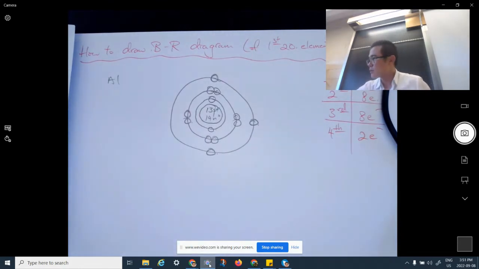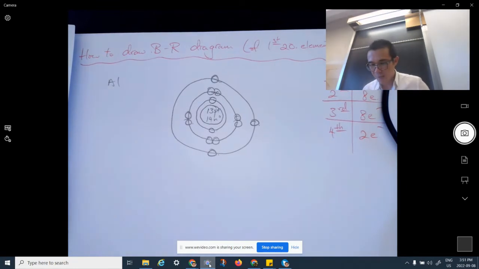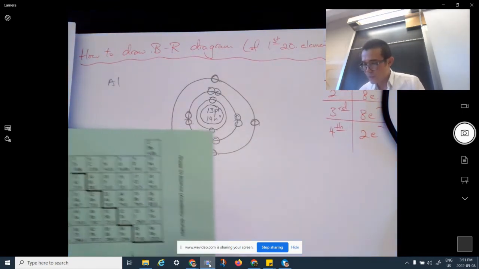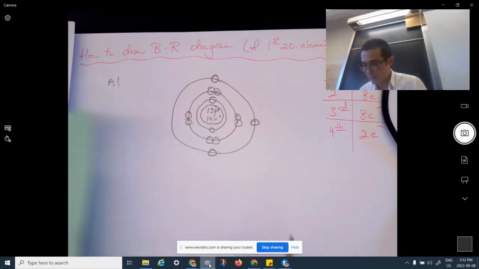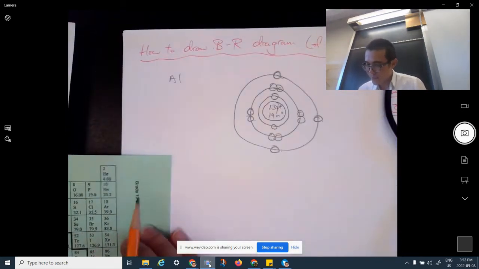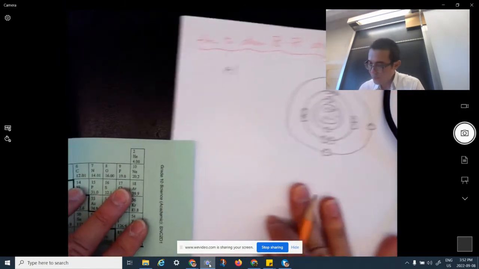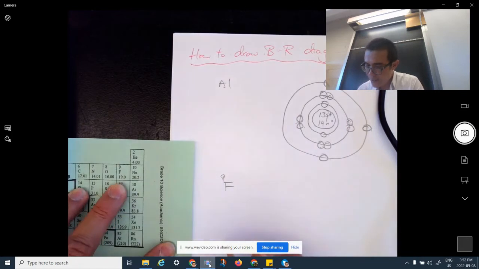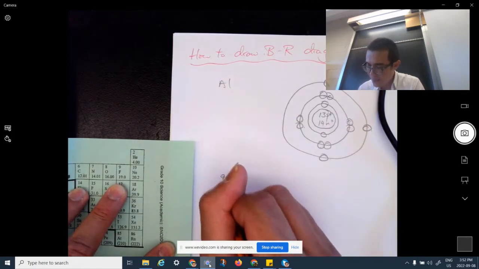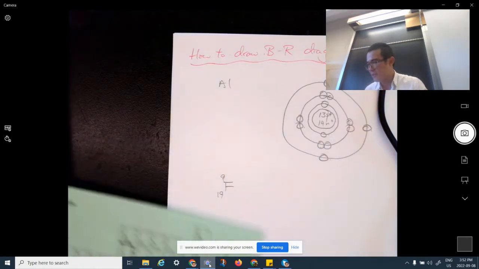So that's pretty fine and simple. Let's do another one. Let's say we want to figure out fluorine. As you can see here, fluorine has an atomic number of 9, and the atomic mass number is 19.